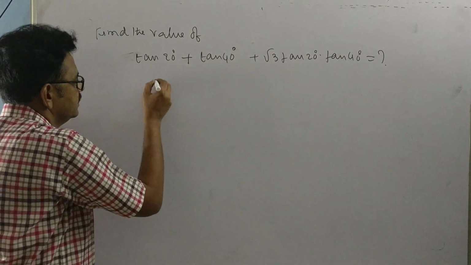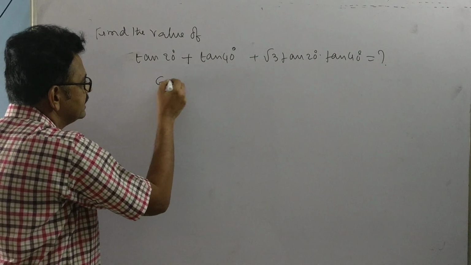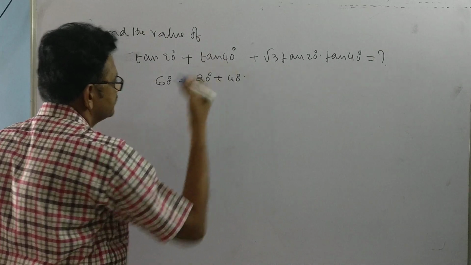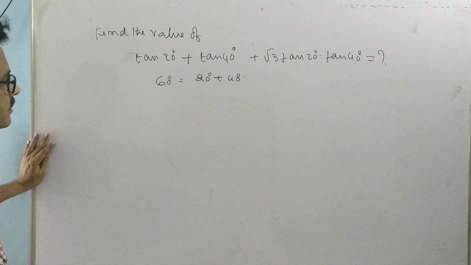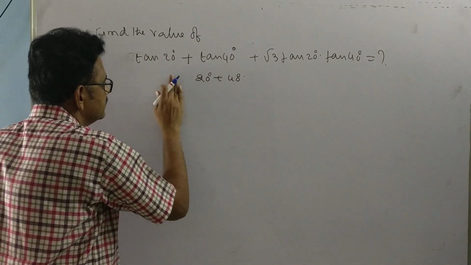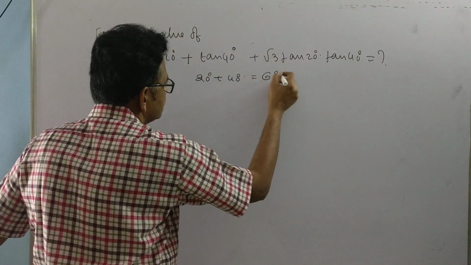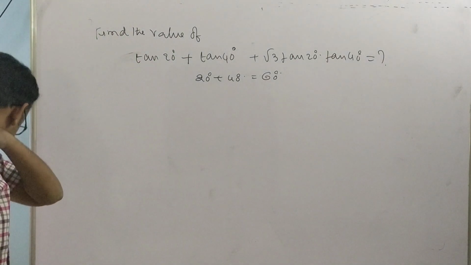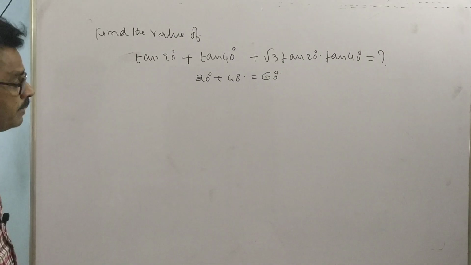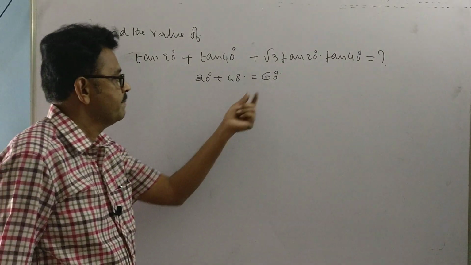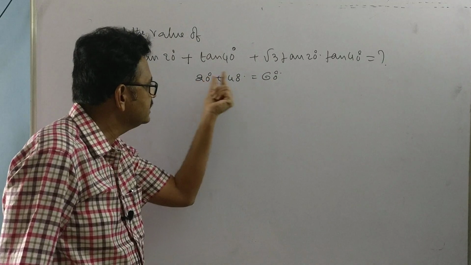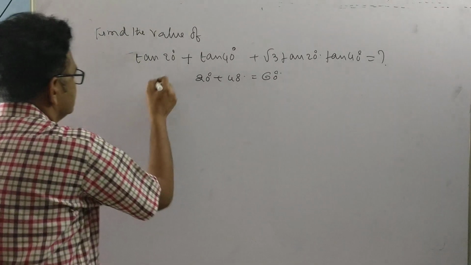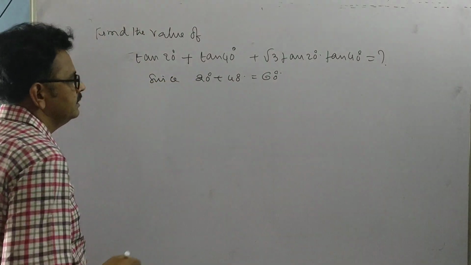Here you write 60 can be written as 20 degrees plus 40 degrees. So 60 degrees can be written as 20 degrees plus 40 degrees. 20 plus 40 is 60. Now I am applying tan on both sides.